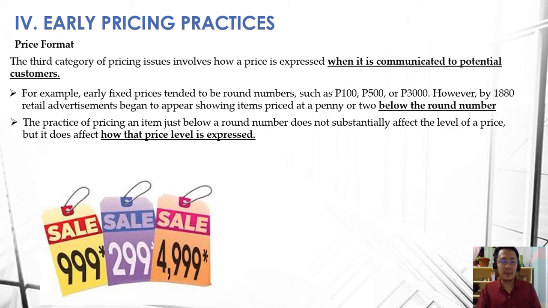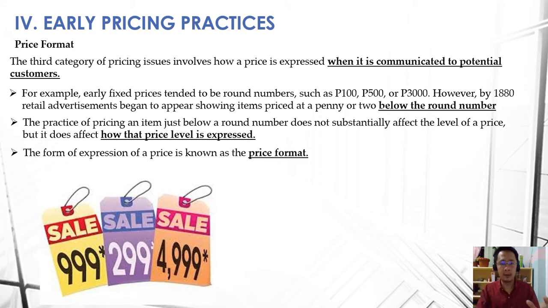The practice of pricing an item just below a round number does not substantially affect the level of the price, but it does affect how that price level is being expressed. The form of expression of a price is known as the price format.